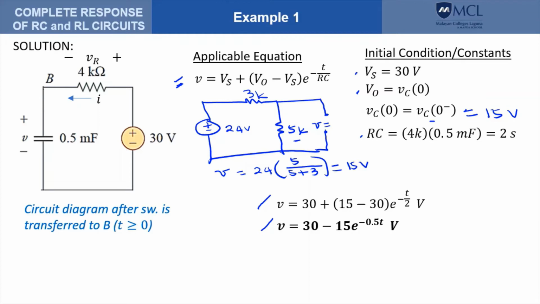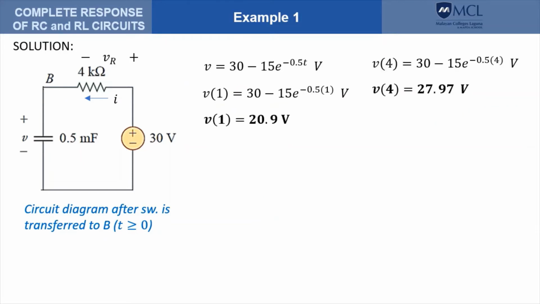So take note that this equation is applicable for time between 0 and infinity. Now that we have the equation for the voltage across the capacitor, we can get that voltage at t equals 1 and 4 seconds, and that should give us these values.